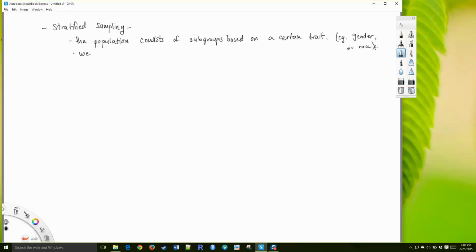So the population is divided into subgroups. Maybe you're dividing the population by gender, and you say half are male and half are female. And we must know, or we presume to know, the proportion of each subgroup in the population.